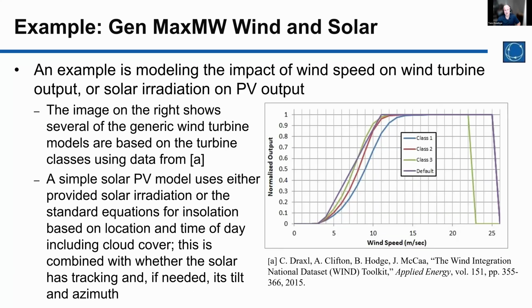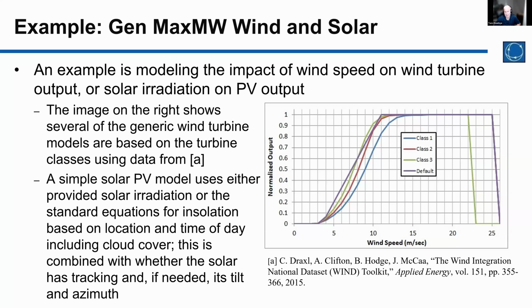Here's an example. As we started going on this, we thought, okay, we need a model that tells us what the maximum megawatt for a wind turbine is based on the wind speed. Since NREL had put out curves, based on class 1, class 2, class 3, we just coded up their curve data and have generic PFW models that take as an input the wind speed at a particular location.